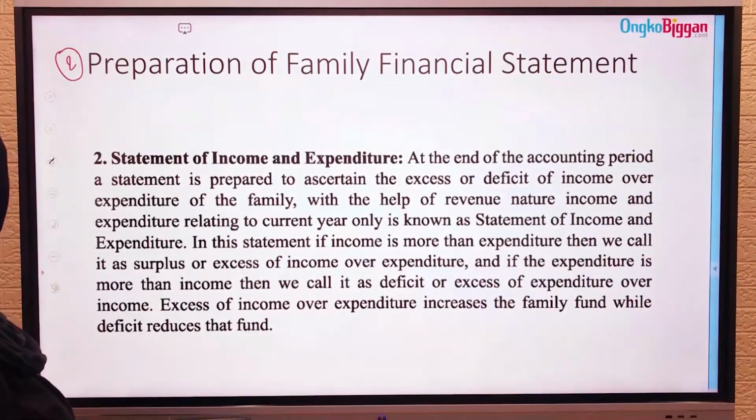Second step. Over here, at the end of the accounting period, a statement is prepared to ascertain the excess or deficit of income over expenditure of a family.